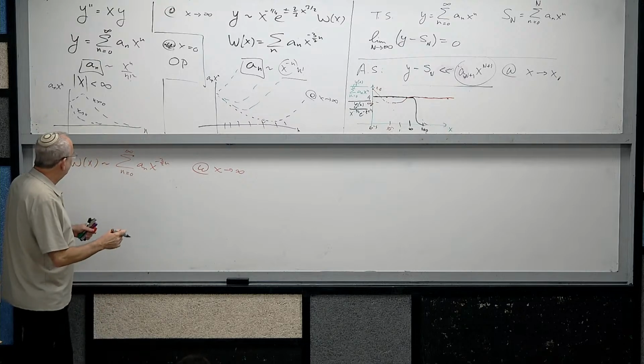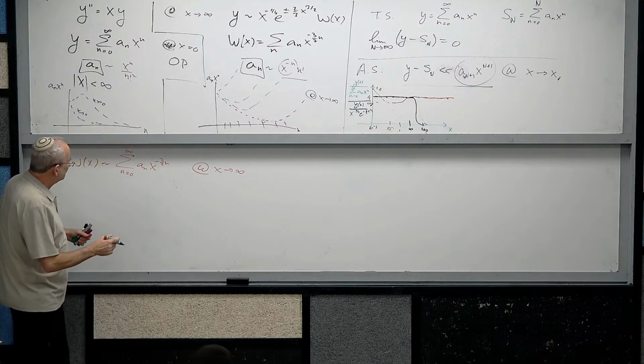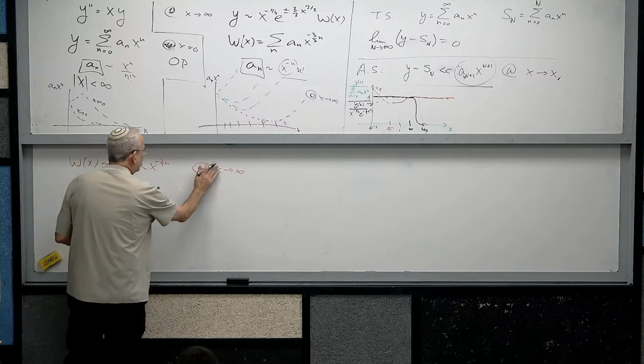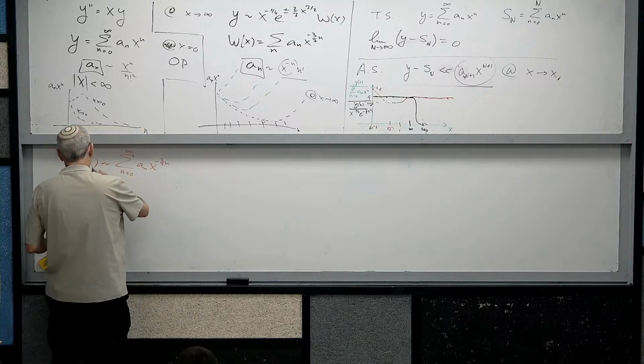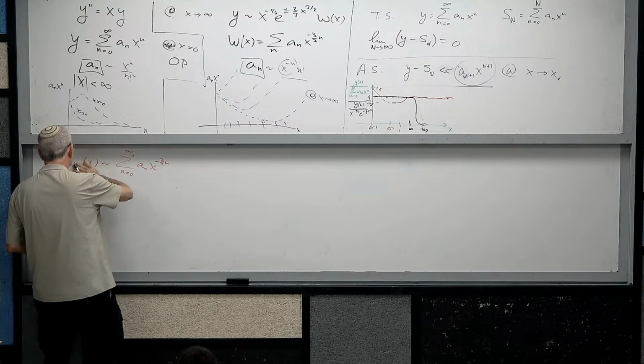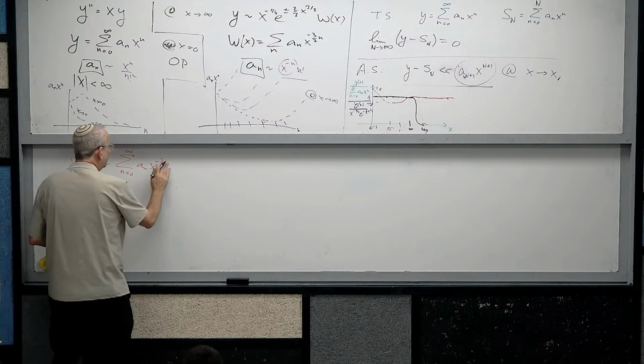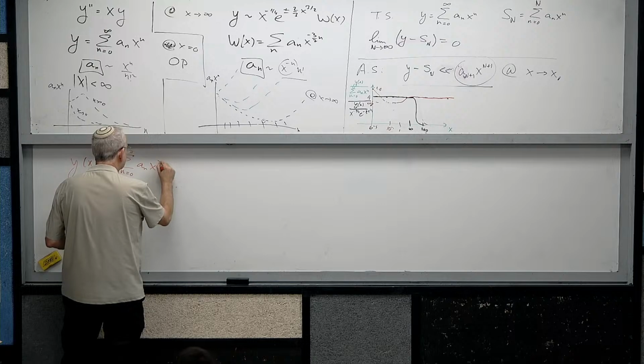Or maybe it's better to think about series around 0. Let's assume that we have an asymptotic series of some function y around 0, x to the n.